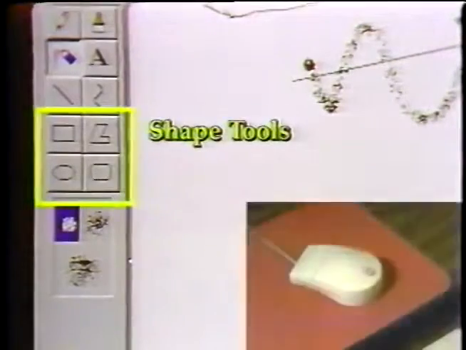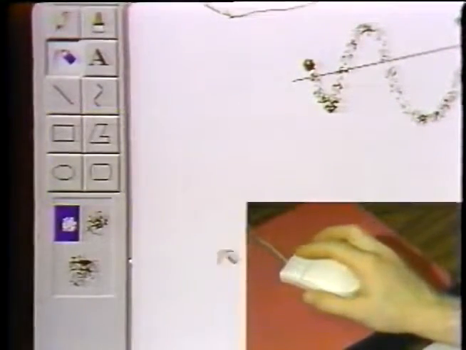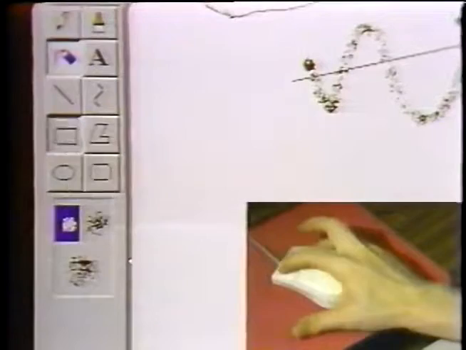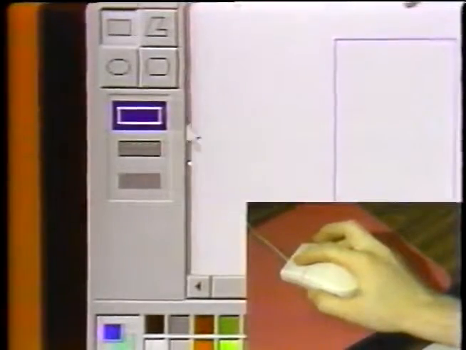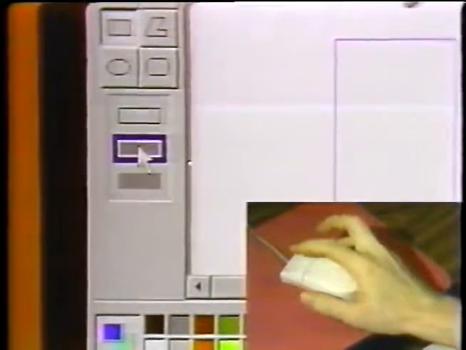To draw a shape, click on one of the shape tools down here. Let's choose the rectangle. Click here, then click and drag. Notice how the shape is drawn in the foreground color. You can draw a shape that's filled with a color by clicking here first.